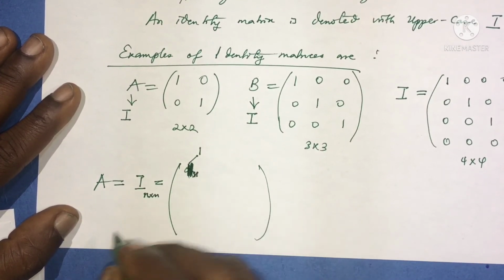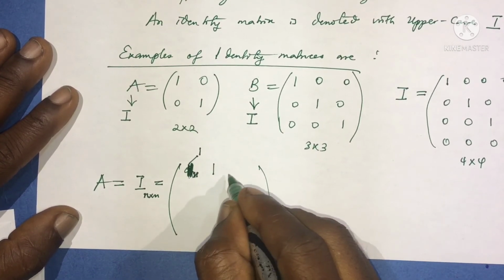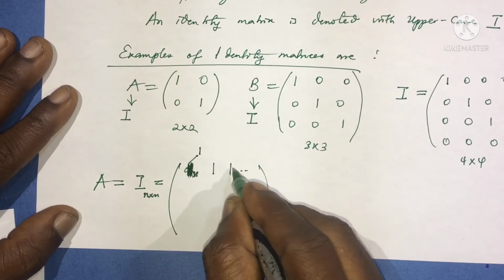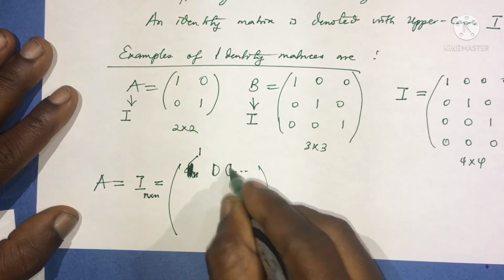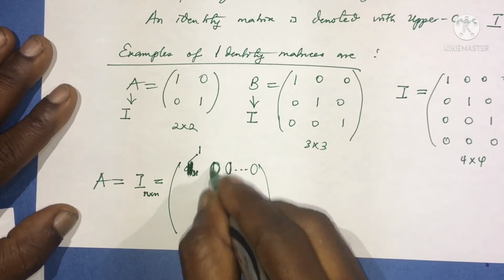This will be 1, this will be 1, up to, okay, this will be 0, these are zeros.